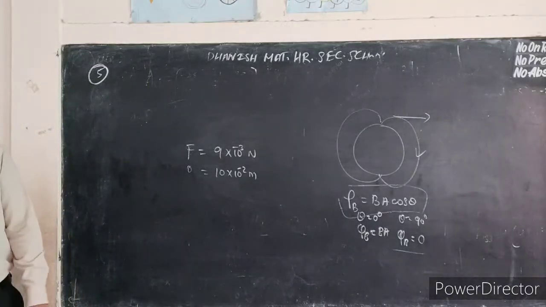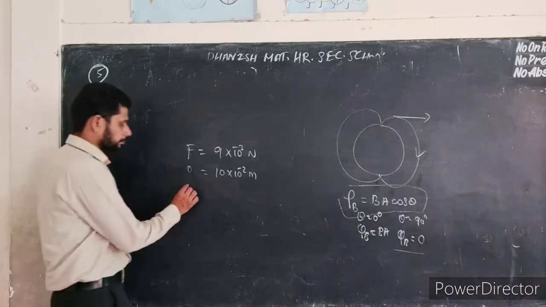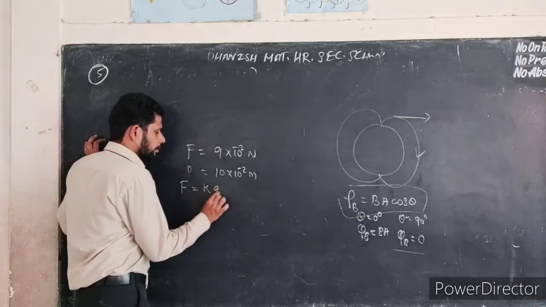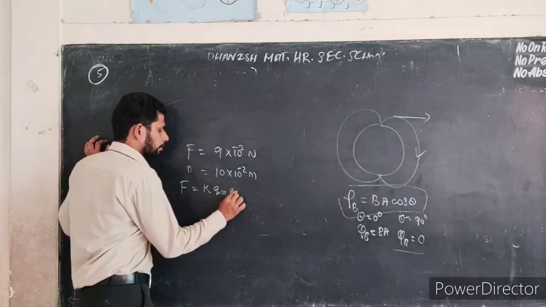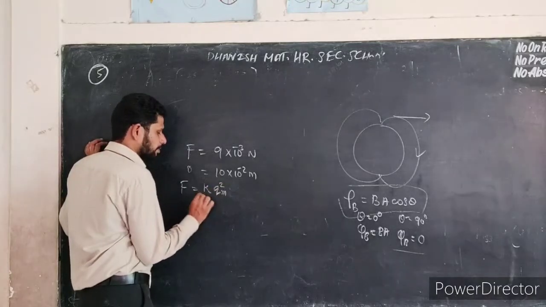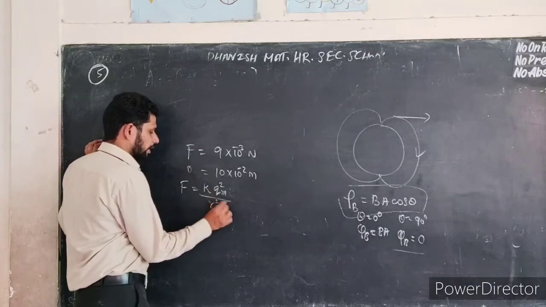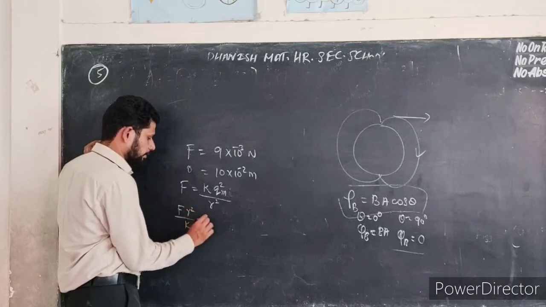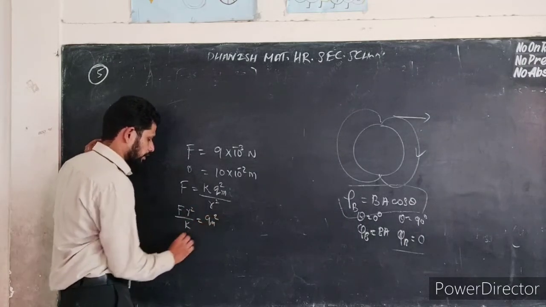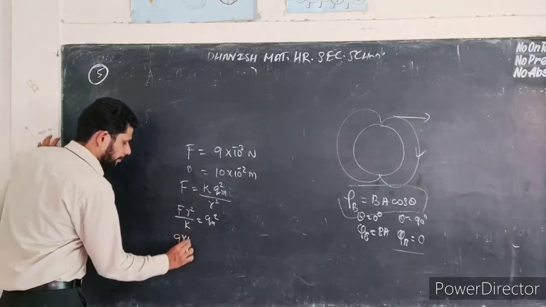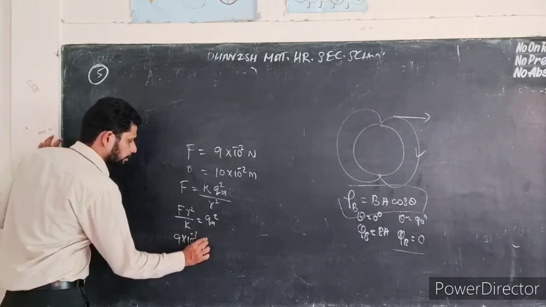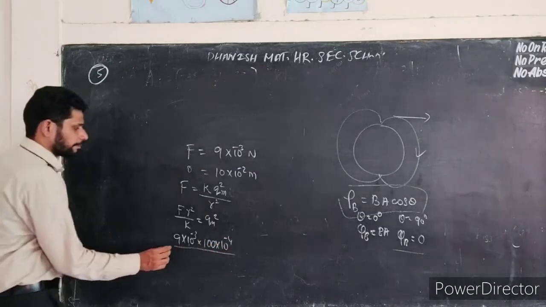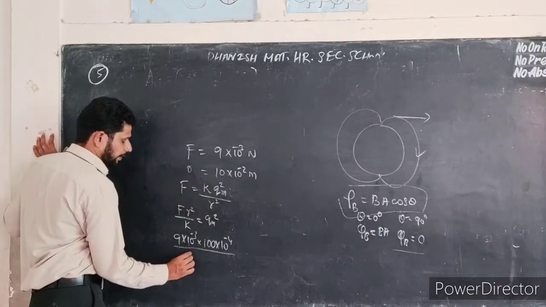F is equal to K Qm squared by R squared. So F R squared by K is equal to Qm squared, which is 9 into 10 power minus 3 into 100 into 10 power minus 4 divided by K. What is the value of K?